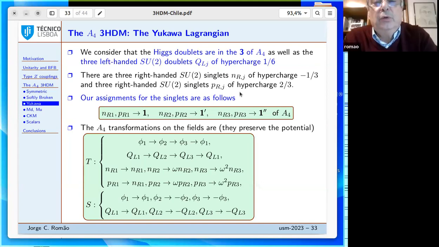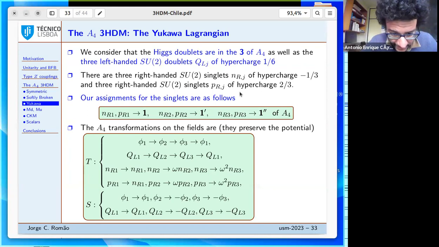You are suggesting that you make another representation? No, I was asking about the other possibility, for example, of considering left-handed quarks as singlets, one prime and one double prime of A4, and the right-handed quarks unified into a triplet. Have you explored that possibility?